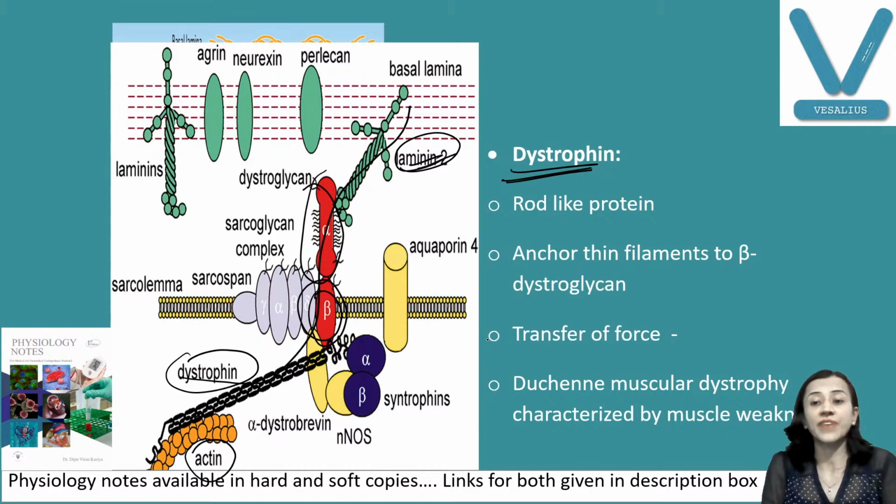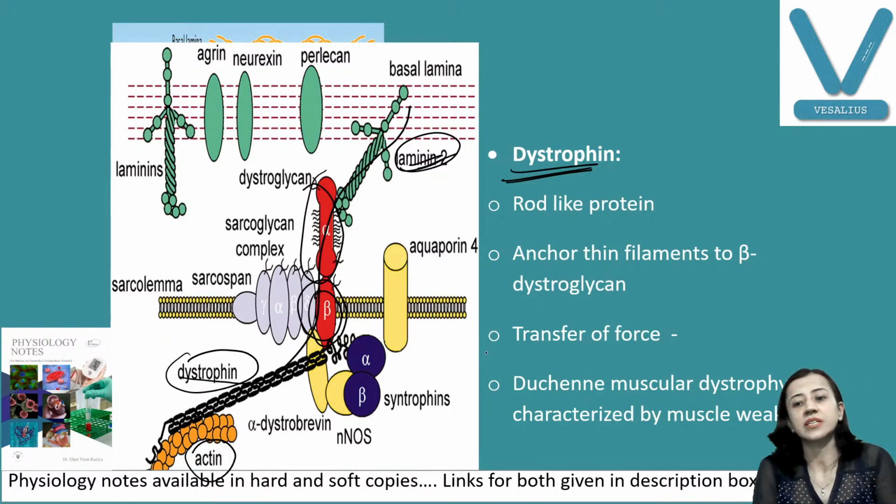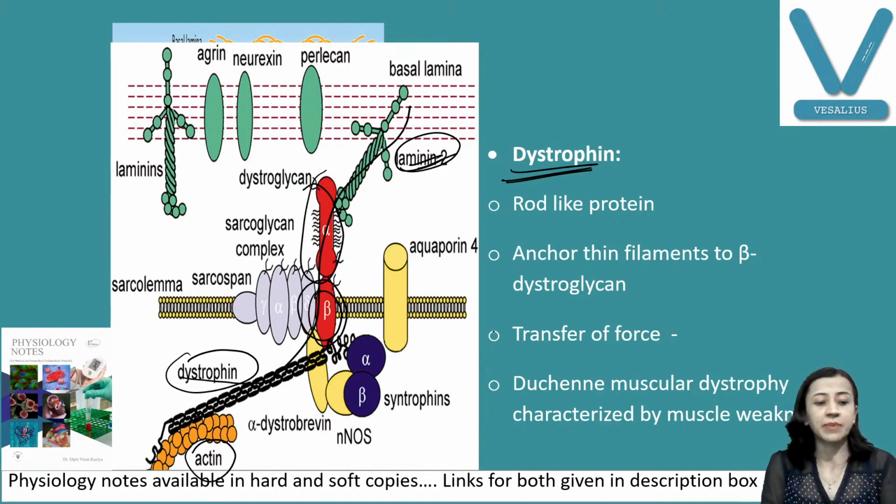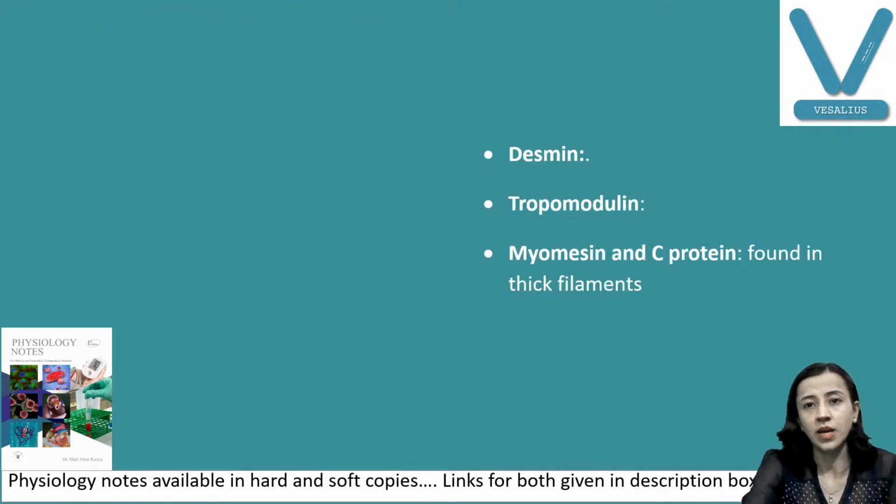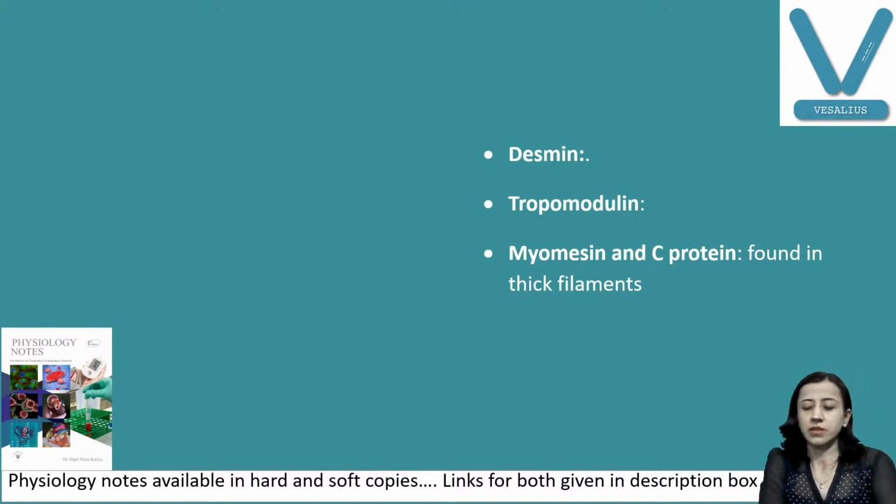And if there is a defect in the dystroglycan or dystrophin, the disorder, as I told you, is Duchenne muscular dystrophy, and that is characterized by muscle weakness. Fine. Now, we will discuss in detail about this dystrophin and this Duchenne dystrophy along with the disorders of muscle.